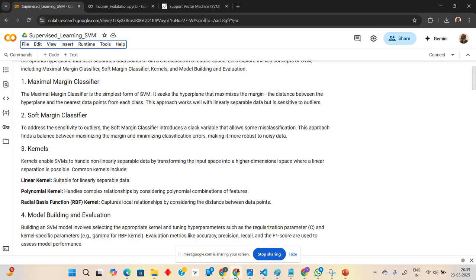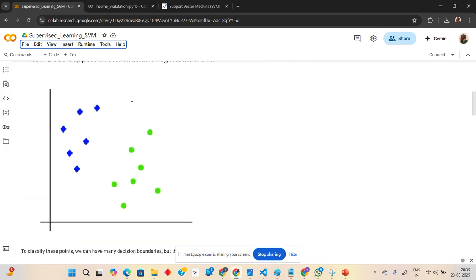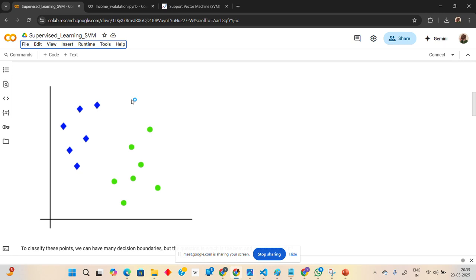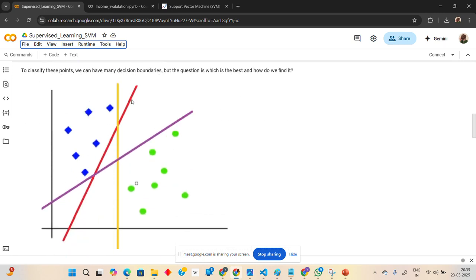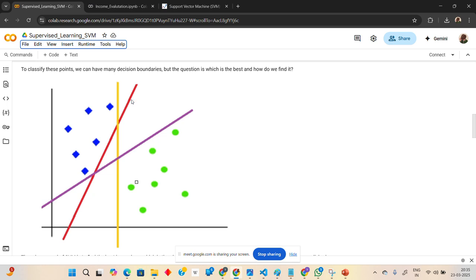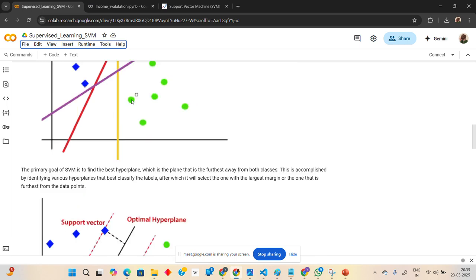Now let us see this picture. Here you can see the blue points and the green points. You can draw any type of decision boundary: red line, purple line, or yellow line. But what will be the best one?